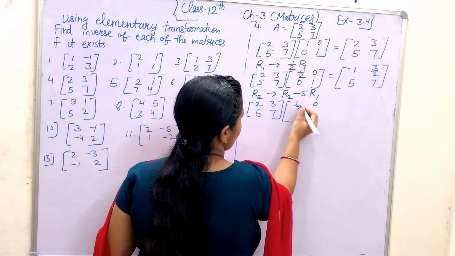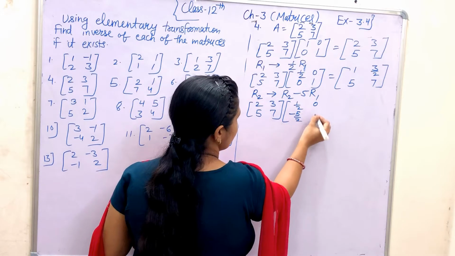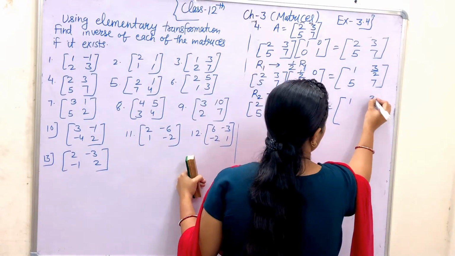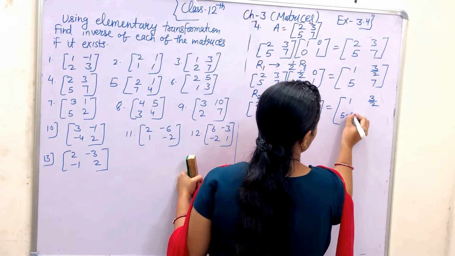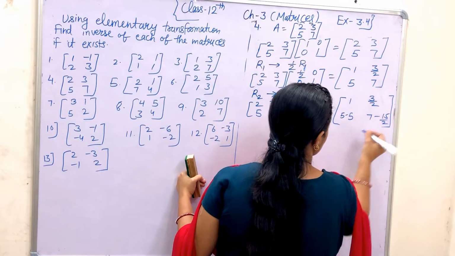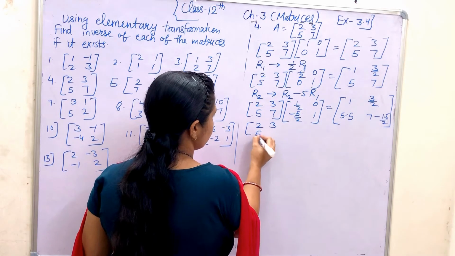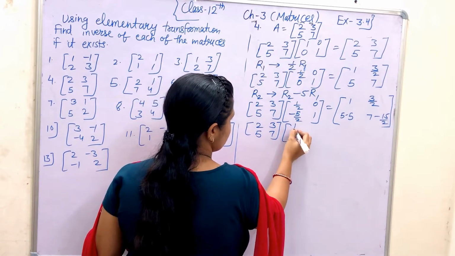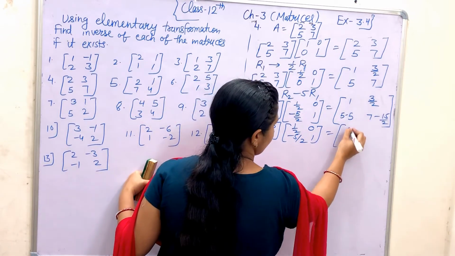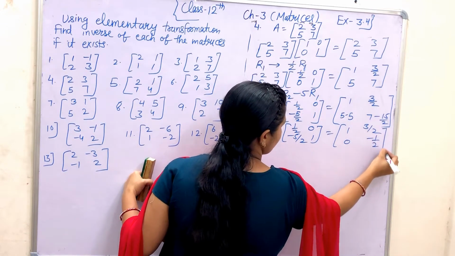Here we get 1, 3 by 2, 5 minus 5, 7 minus 15 by 2. After solving, we get our matrix as 1 by 2, 0, minus 5 by 2, 1. Here we get 1, 3 by 2, 0, minus 1 by 2.